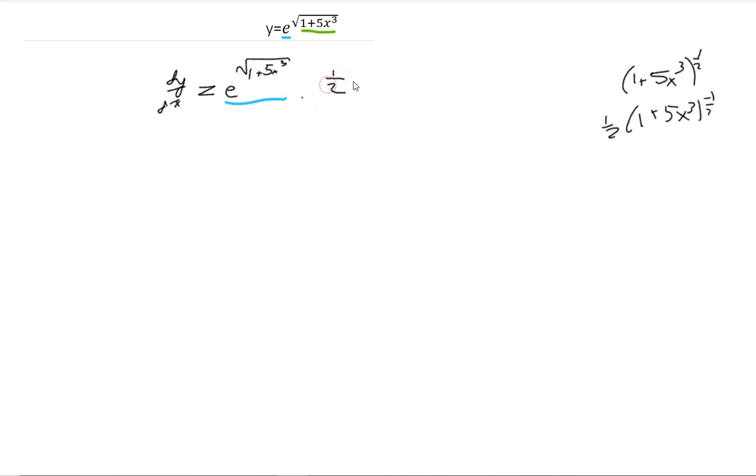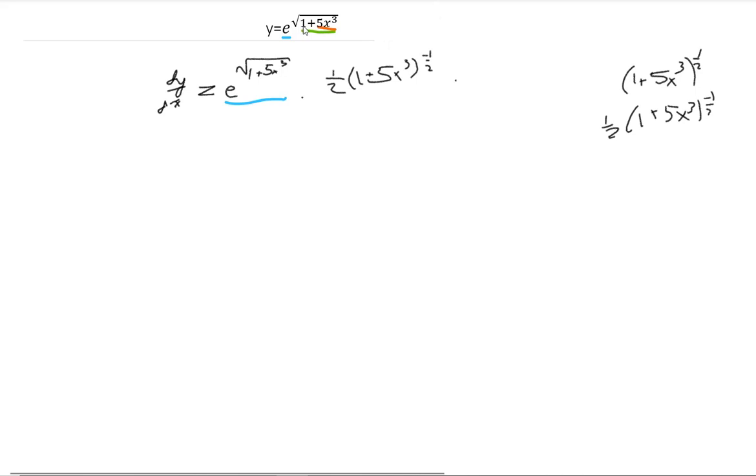1/2, 1 plus 5x cubed, and that's also the negative 1/2. And now we still need one more derivative because there's another function inside of the function. We have a 5x cubed inside that square root. We'll underline that in orange. And so now we just multiply this by the derivative of what's inside the function, which is 1 plus 5x cubed.